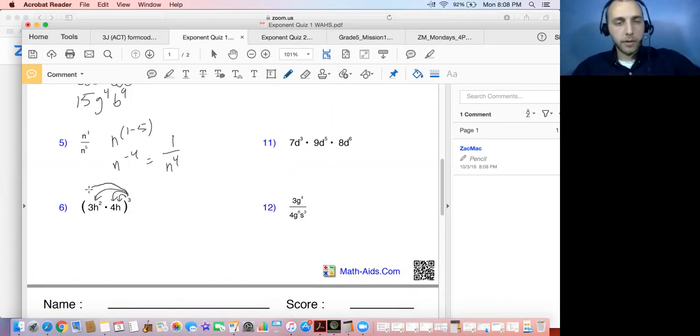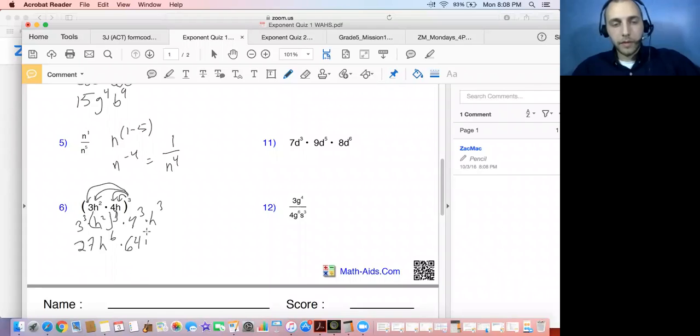Take this third power to every single thing inside the parentheses. 3 to the 3rd times h to the 2nd to the 3rd times 4 to the 3rd times h to the 3rd. And we get 27 and h to the 6th, right? 2 times 3 is 6, times 4 to the 3rd, which is 64.